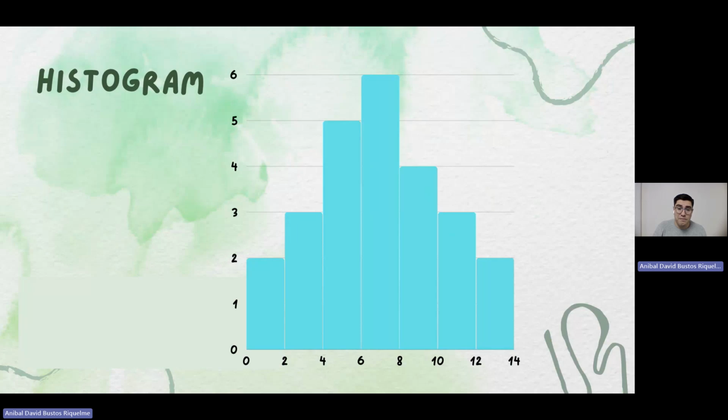We have a histogram, which is very similar to a bar chart, but in this case, generally we have a rise and then a fall. And in this central part, generally we have the masses or the biggest percentages.